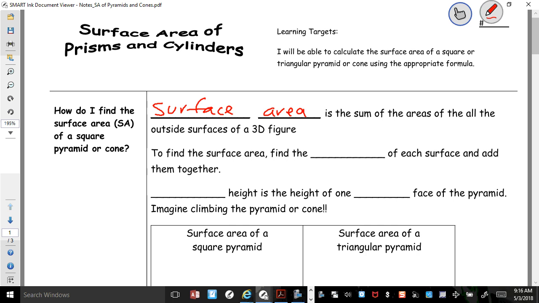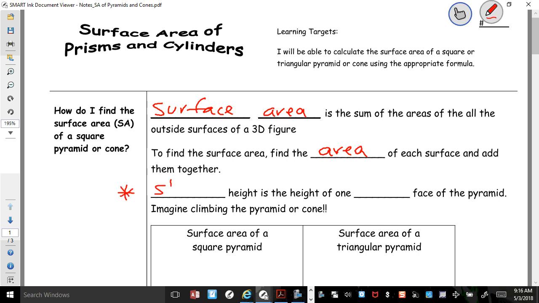Those are the 4 shapes you've got: pyramids, cones, prisms, cylinders. To find the surface area, you're going to find the area of each surface and then add them all together. Pretty simple, right? Surface area is the outside, painting or wrapping. Here's the one thing that's going to be different now.